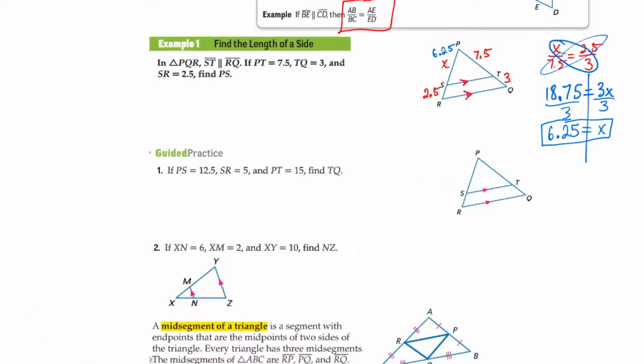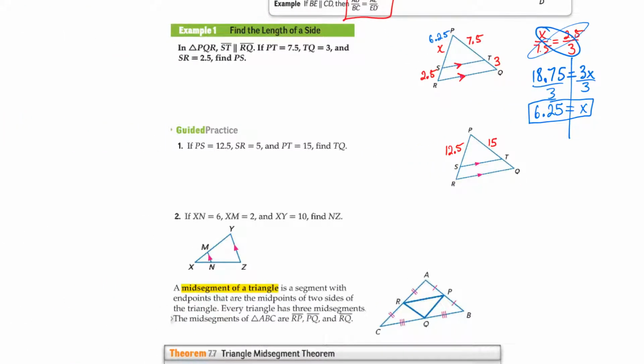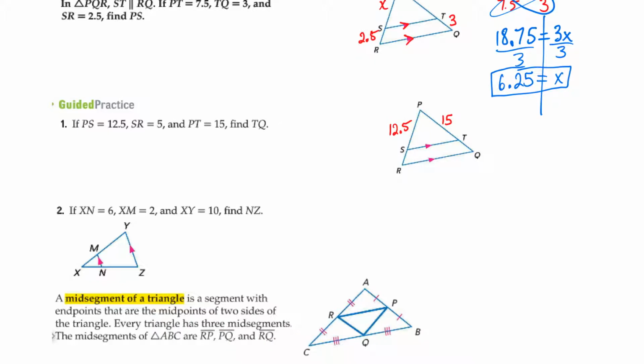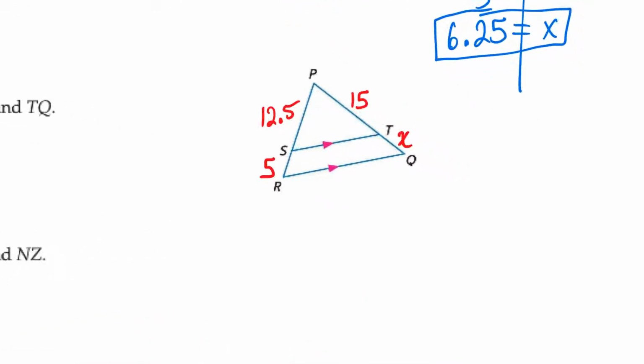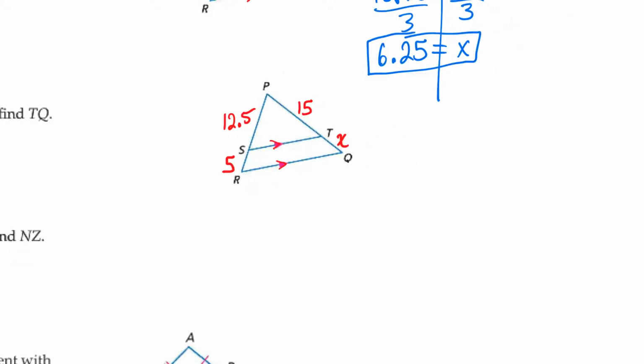Next one is the same thing. PS is 12.5, PT is 15, SR is 5, and we're looking for TQ right here. These two lines are parallel, so it splits it proportionally.